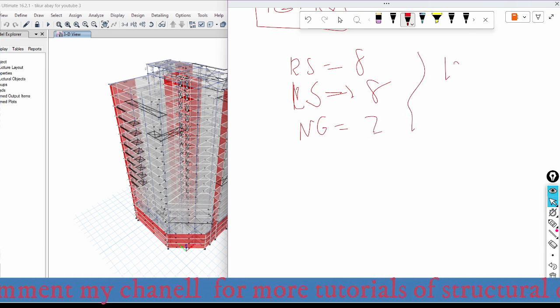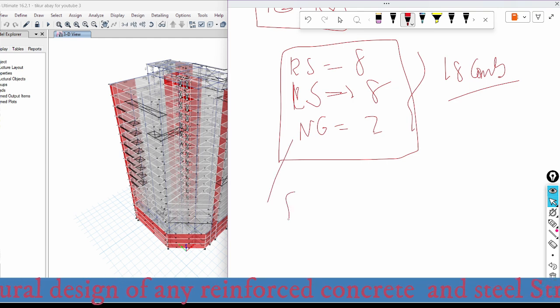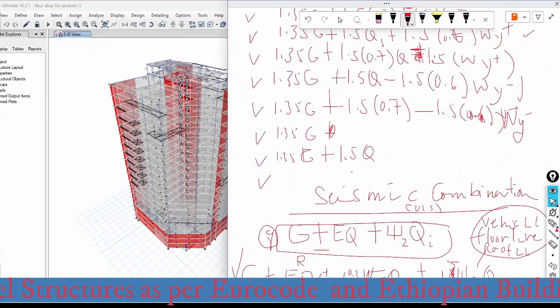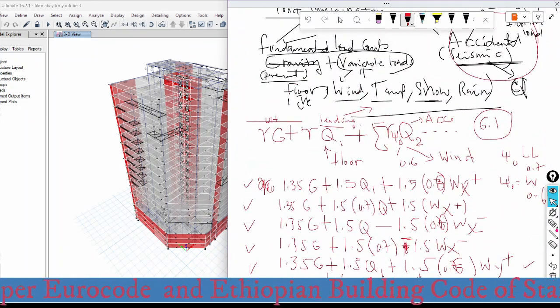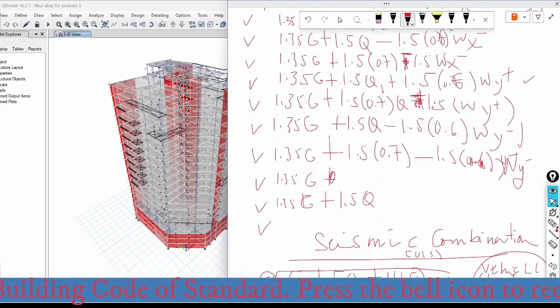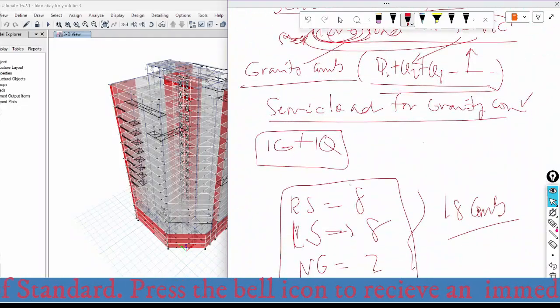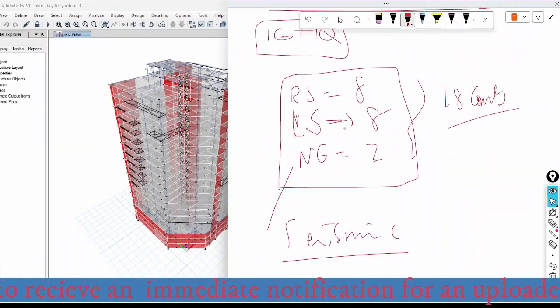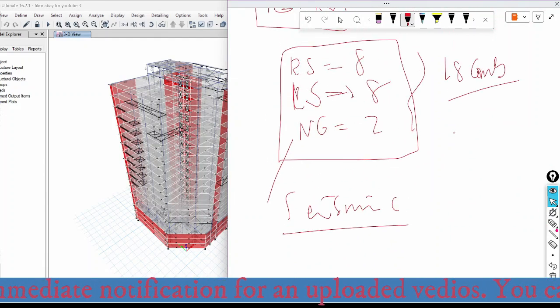Which is 18 combinations. But this is for seismic case. So in the case of wind, in the case of normal combination, I have already shown you the number of load combinations, and in the case of seismic load combinations, I will have a total number of 80 load combinations.